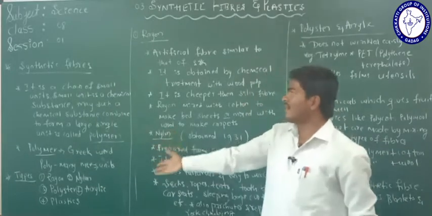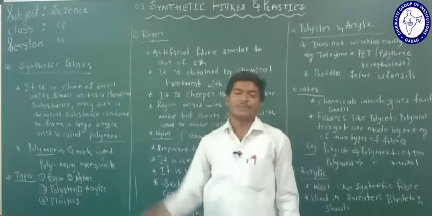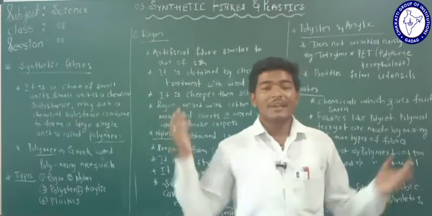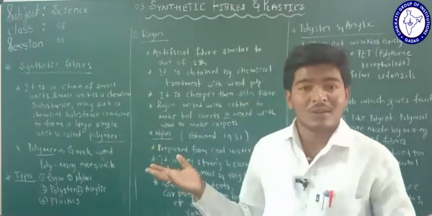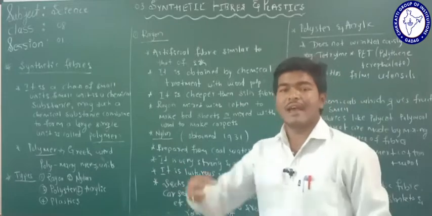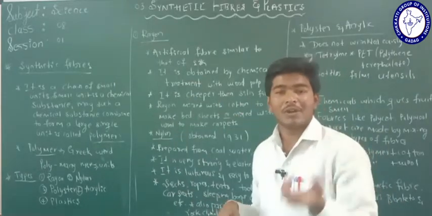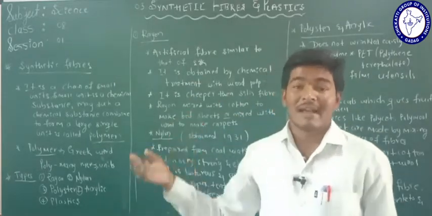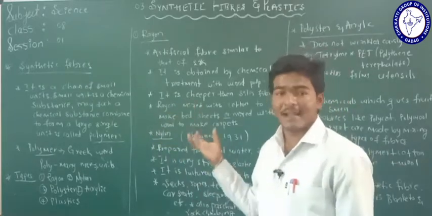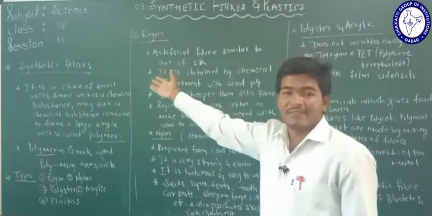Plastic is one of the synthetic fibers. It is not possible to imagine a life without plastic. When you go to a market, you carry the vegetables with the help of plastic bags, that is polythene bags. It is one type of synthetic fiber.